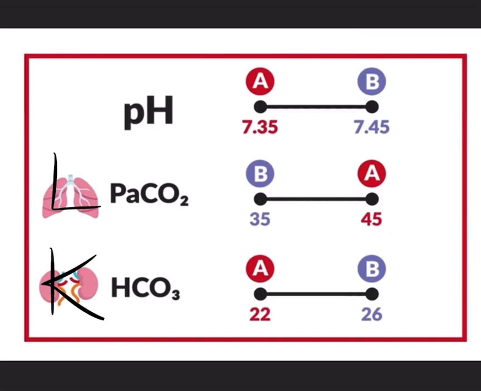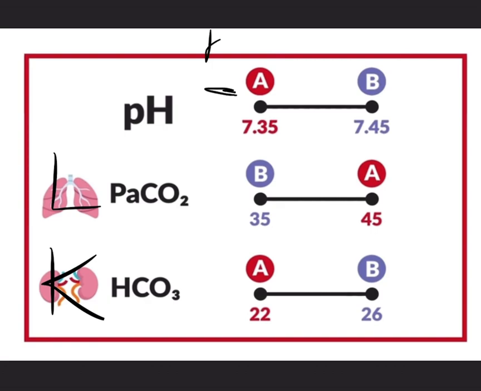Okay, pH is 7.32. PaCO2 is 55. HCO3 is 42. All right, remember step number 1 is look at the pH. Is our pH acidic or basic or within normal limits? 7.32 is just a little bit off. It's not within normal limits.